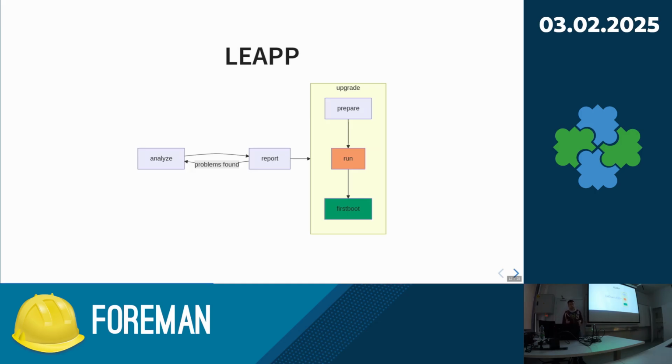So after it's prepared, the machine gets rebooted, and you have this main run phase that replaces all the RPMs on your disk. And also does file operations like replacing files, replacing configuration files, adjusting them if needed. What it does not do, and this is why we have this third phase, is it's not booting that operating system yet.